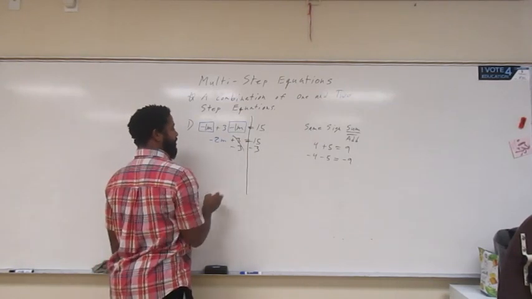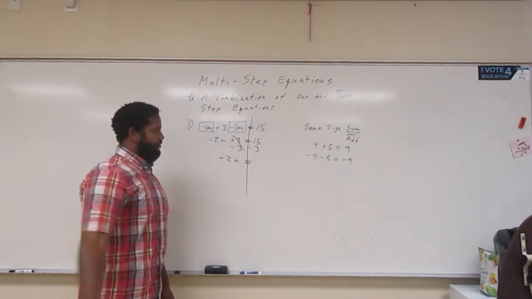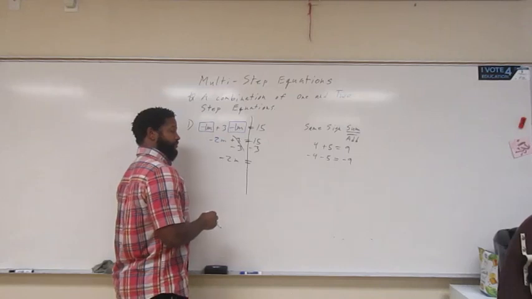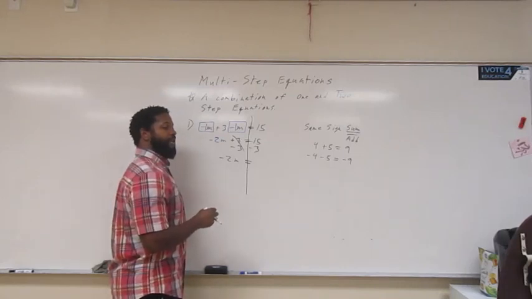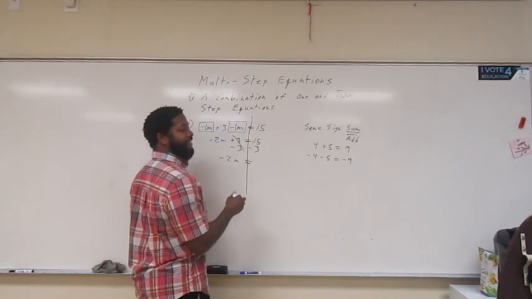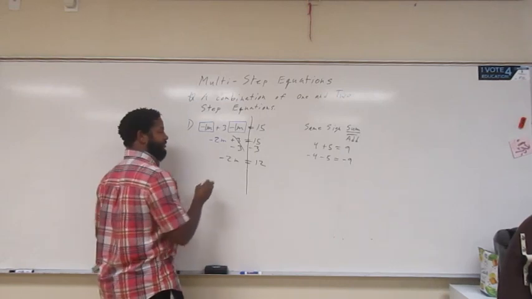Now they cancel out. Negative 2m now is equal to, and multiplying means dividing, because now we're dividing by negative 2. And what's 15 minus 3? Say it loud. 12.